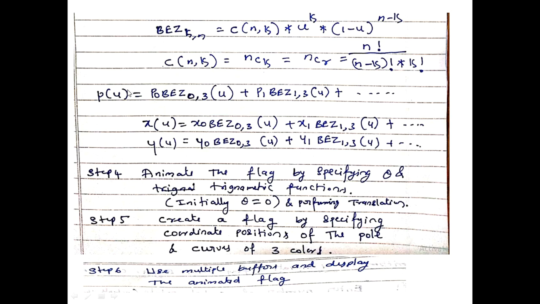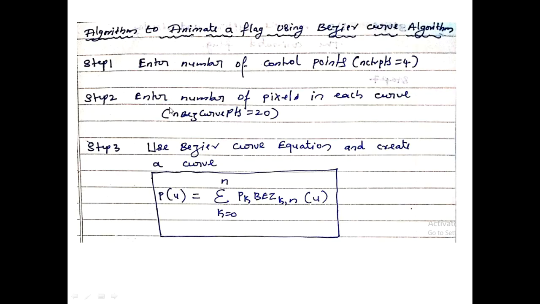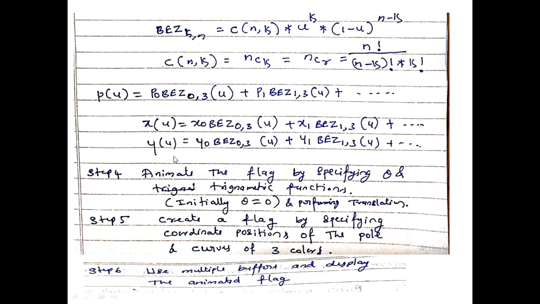Next we need to determine P of u. P of u equal to, we need to substitute P naught, P1 and so on in this equation. We substitute P naught with the blending function, first k equal to 0, with n value constant 3. Next P1, where the k value is incremented by 1, k value is 1, n value is 3, and so on.